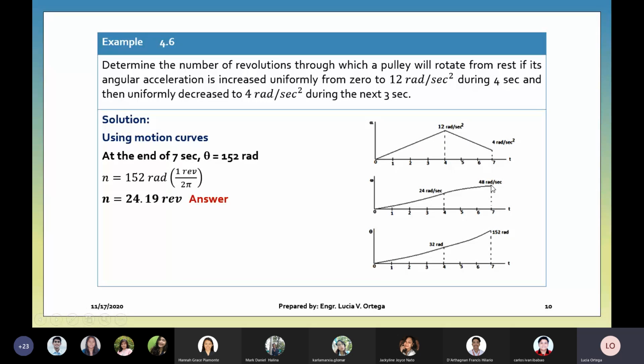The value here is 48 radians per second. You just compute the area of this trapezoid, then add to the area of the other one. So that is the velocity at t equals 7 seconds.